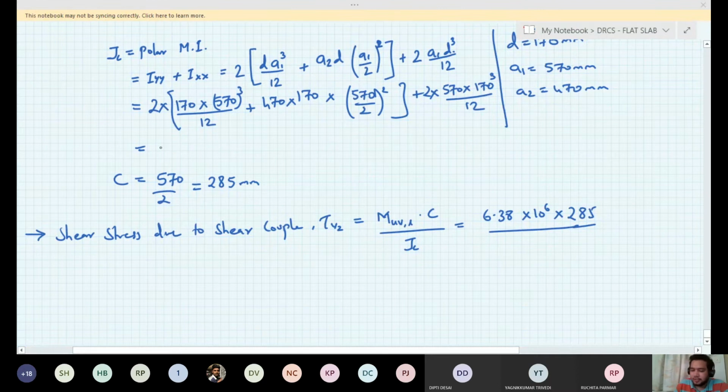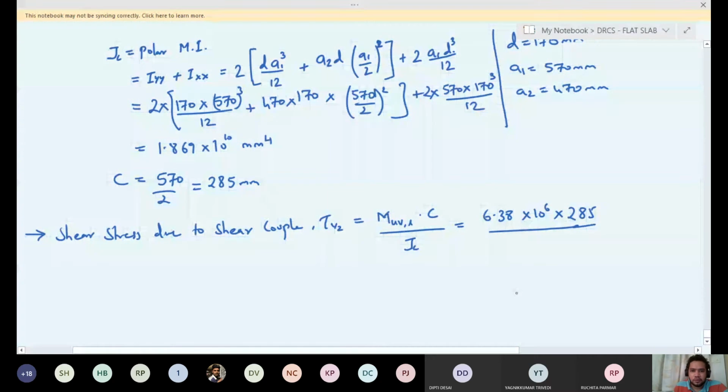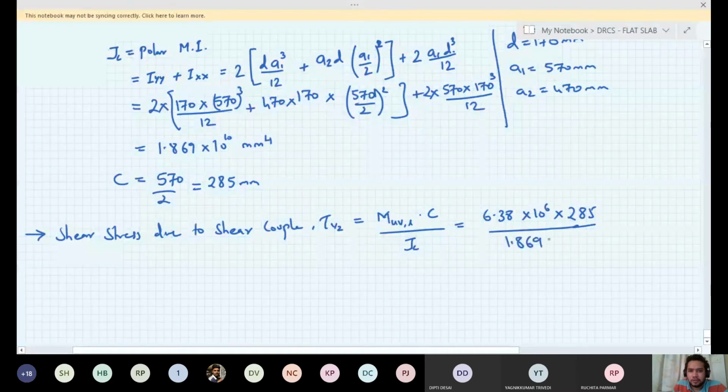It is 1.869 into 10 to the power 10. Okay, so it is 1.869 into 10 to the power 10.